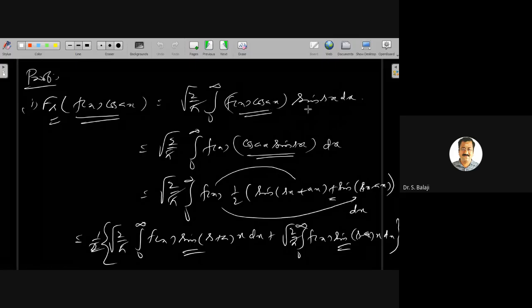Then club the cos ax sin sx together, with f of x separately, in the integral.